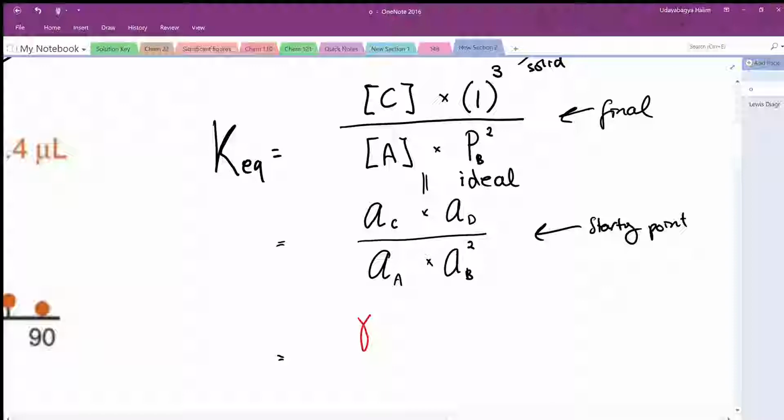So these A here, A is activity, whereas gamma is the activity constant. So basically, we're just going to multiply by some constant on each one of our coefficients.